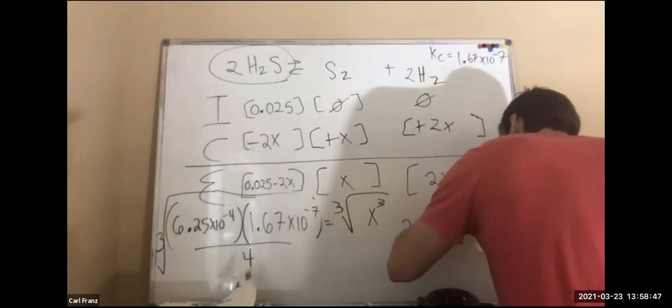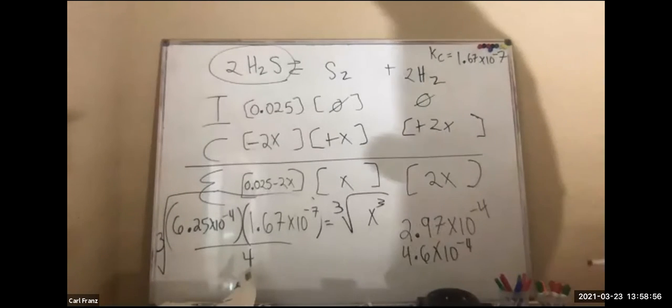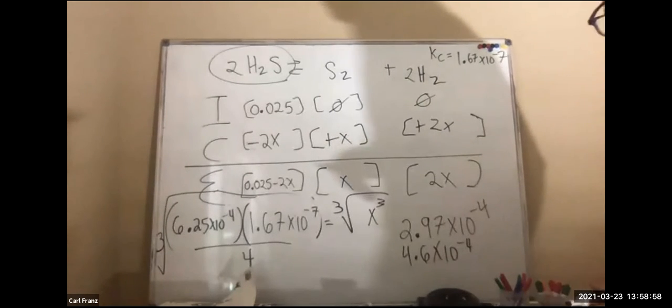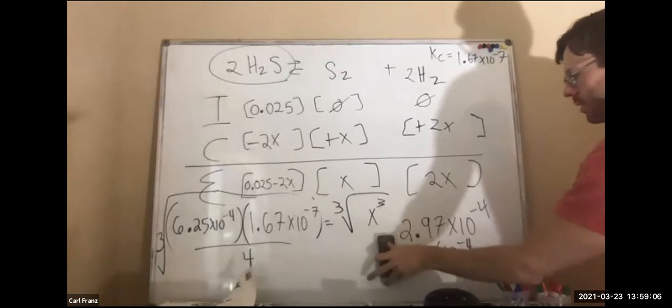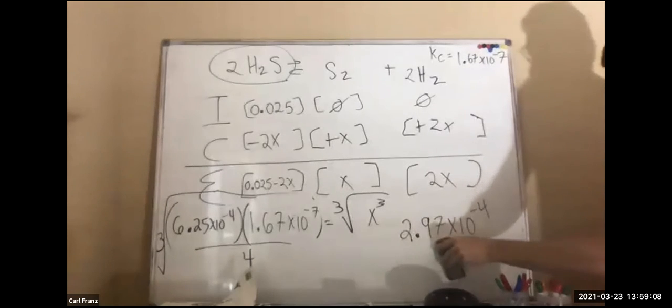I got 2.97 times 10 to the negative 4th. I got 4.6 times 10 to the negative 4th. Tiebreaker? I also got 2.97 times 10 to the negative 4. Okay. Let's go with 2.97 times 10 to the negative 4.